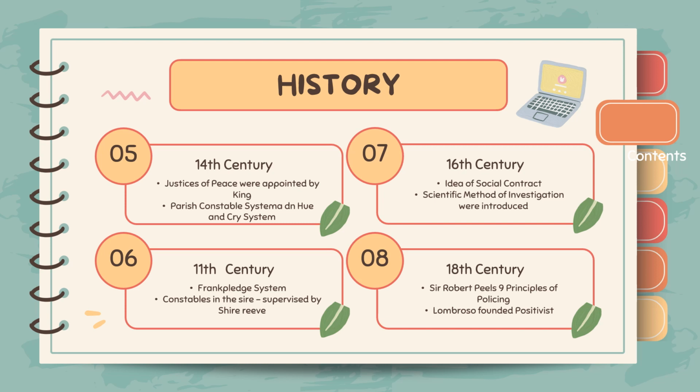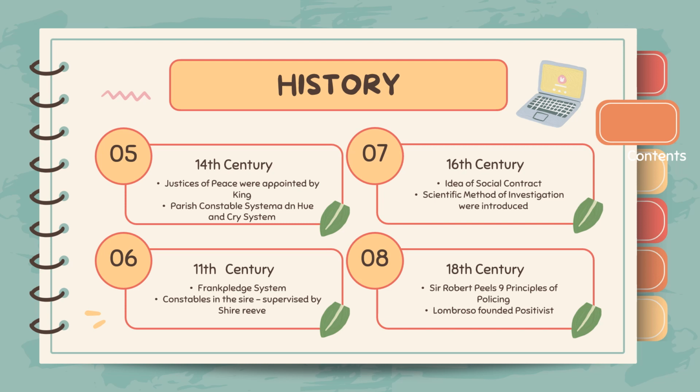What was also introduced in the 14th century is the parish constable system, and the hue and cry was developed, wherein males were appointed to serve as constables in a town for 1 year. When a constable called for aid, all men of the town would immediately respond. The call for aid would carry from town to town until a criminal was caught or the emergency ceased. That is the hue and cry system.